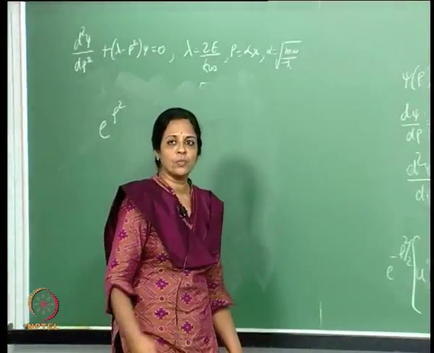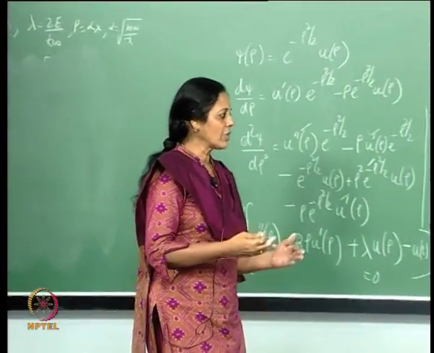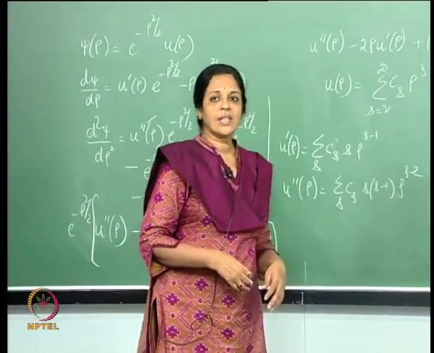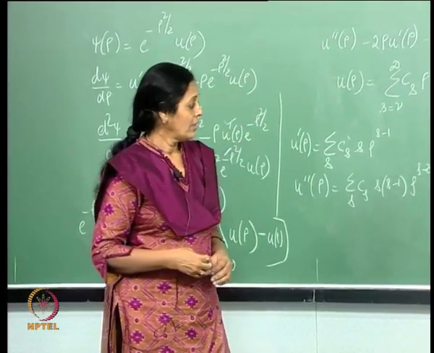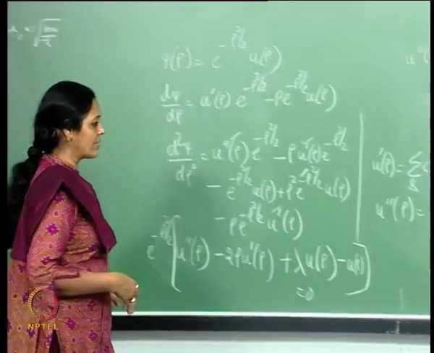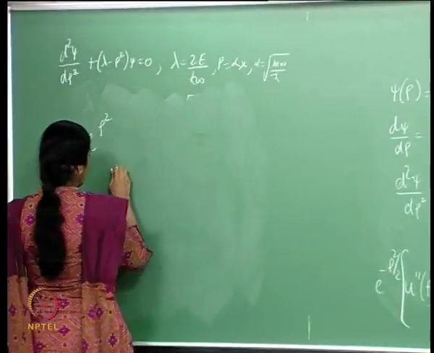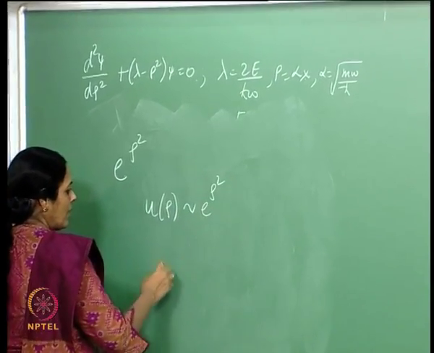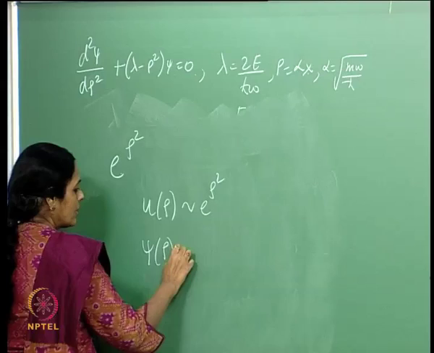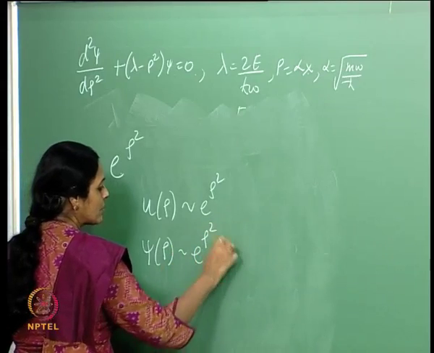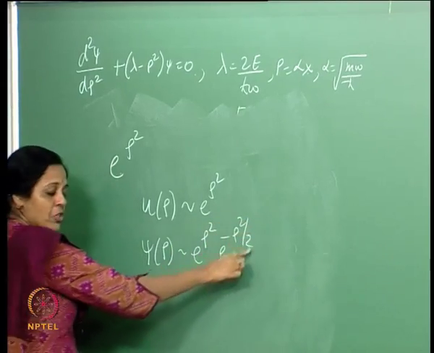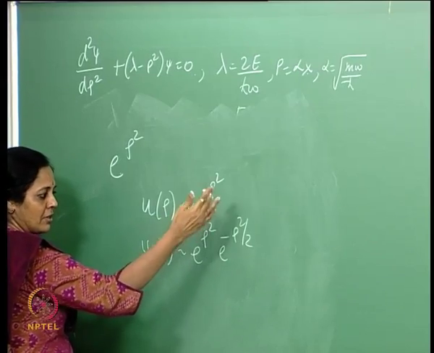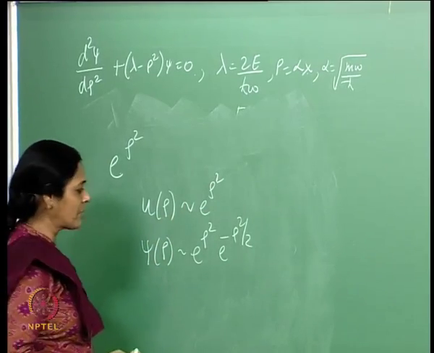If you look at the series e to the rho squared, let's write this as summation over s of c_s rho to the power of s, you find that for large s it goes as 1 by s. And that is very unfortunate, because that is like telling me that u of rho is essentially e to the rho squared, and therefore psi of rho is e to the rho squared times e to the minus rho squared by 2, which I guessed from the asymptotic form when lambda was 1.